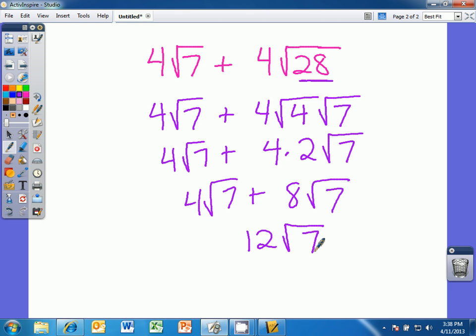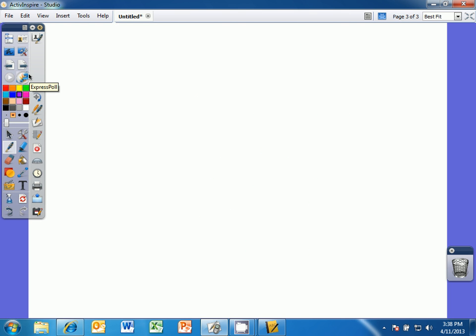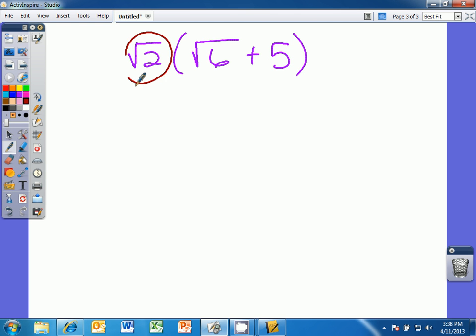Let's review the distributive property with radical expressions. So, for example, if we have radical 2 times the binomial radical 6 plus 5. Just like we use a distributive property with real numbers, we can distribute this radical 2 to each of the terms within the parentheses.